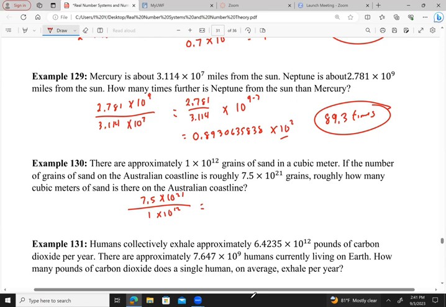This one's rather easy. 7.5 divided by 1 is 7.5 times 10 to the 21 minus 12. 7.5 times 10 to the 9th, which would translate to 7, 1, 2, 3, 4, 5, 6, 7, 8, 9 decimal places.